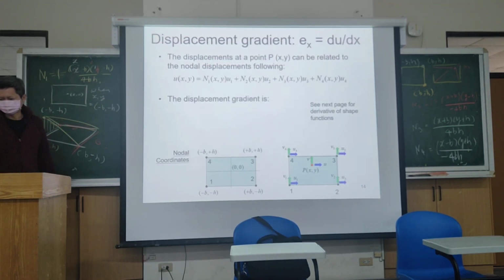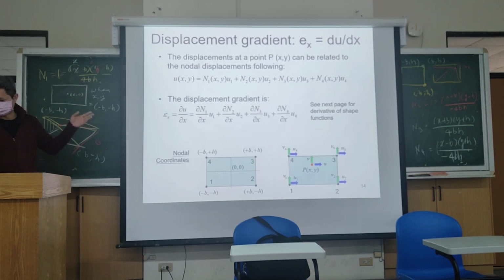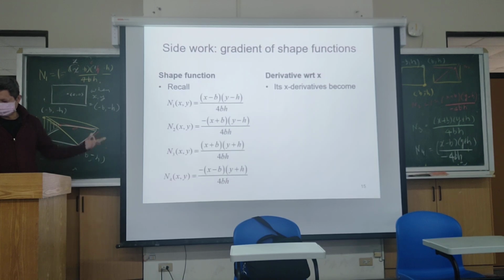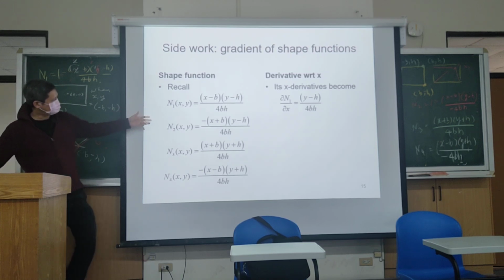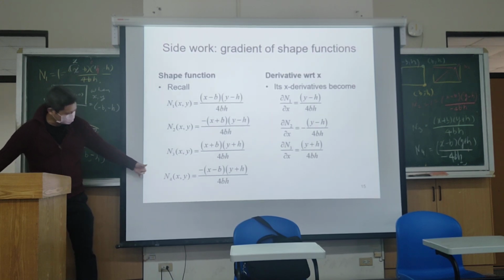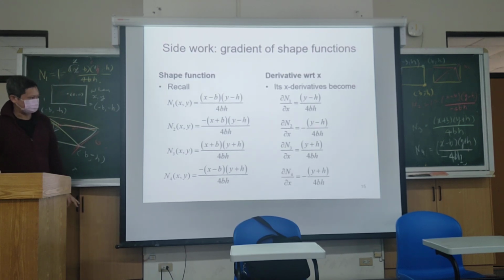So you now have the interpolation, and then next you have the gradient. Now you have this expression. And then this derivative is simple. The derivative of the first shape function with respect to x, second with respect to x, third with respect to x, derivative of the fourth shape function with respect to x.